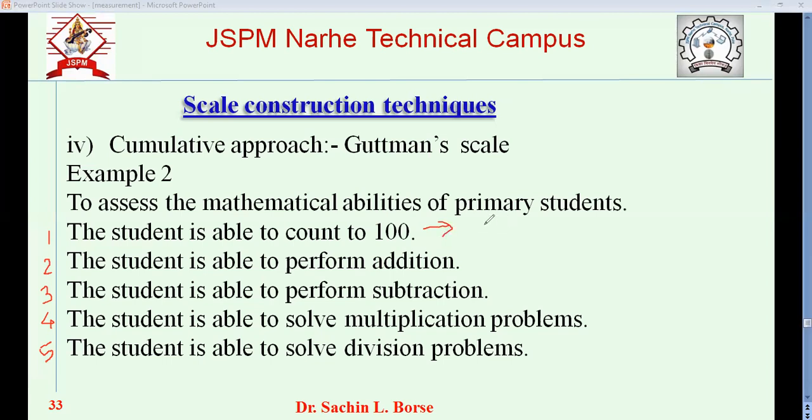What I expect as the answer from the respondent is either yes or no. When it ticks yes, it means it is correct. If it ticks no, it means not correct. Okay, like this. So this way we create Guttman scale, and this definitely needs a skill.